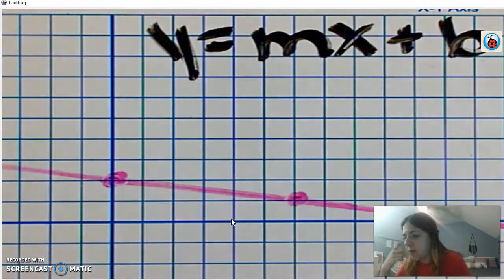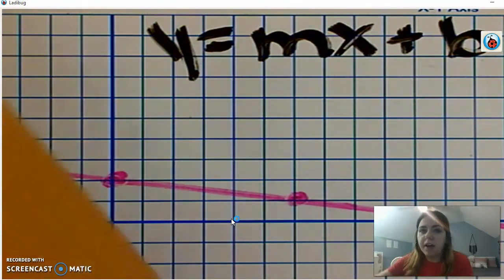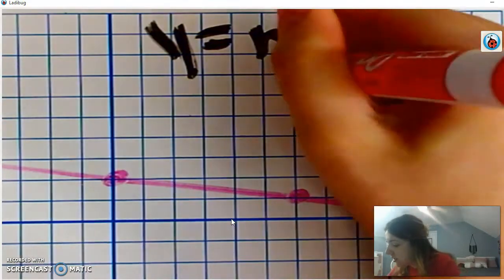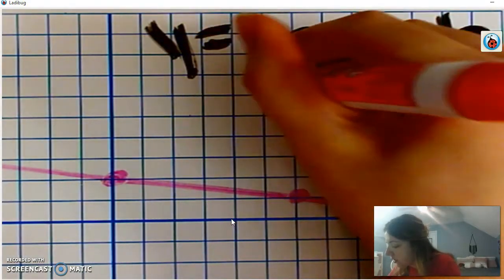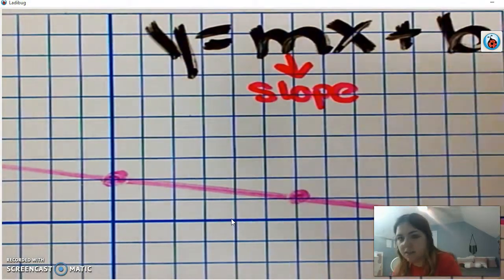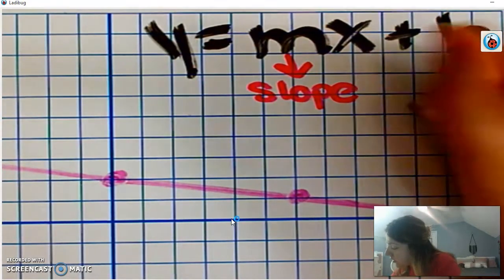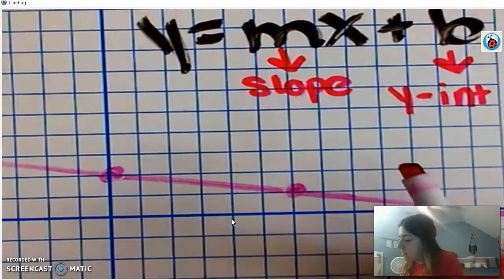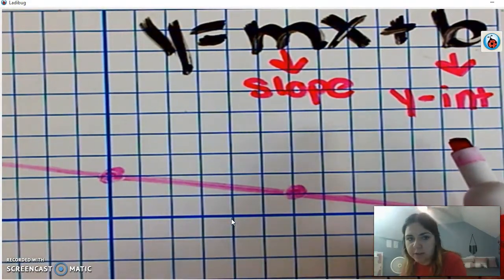And some of you might remember this, some of you may not, but m and b stand for things, right? Your m is going to stand for the slope of the line, and b stands for your y-intercept. Okay, so m is slope, b is y-intercept.